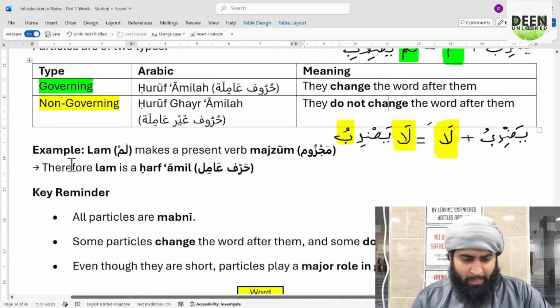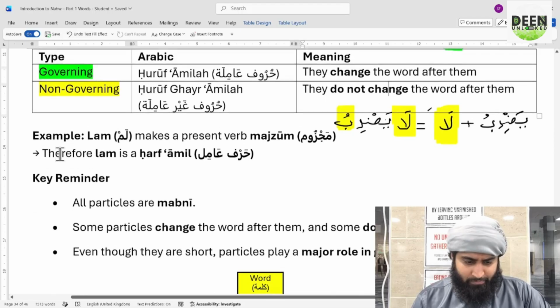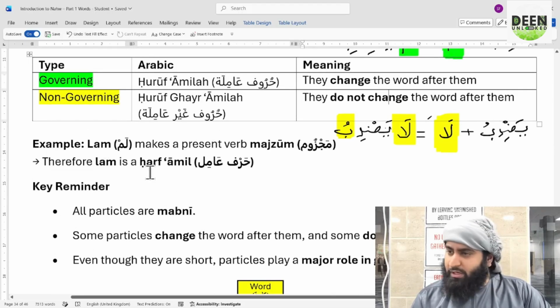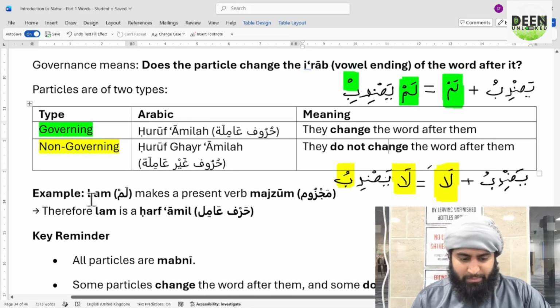Now, we covered this earlier on. Essentially, look, example, lam makes it into majzoom. From yadribu, from dhamma, it became what? Sukun. So what state was it in? Marfu, and now it's become majzoom.